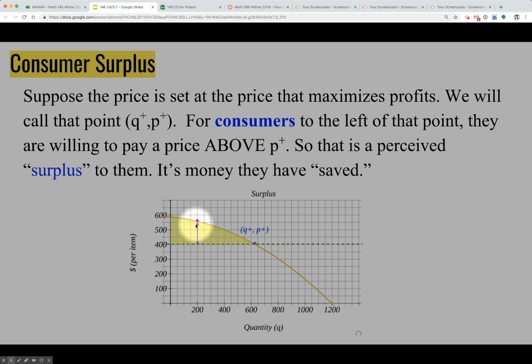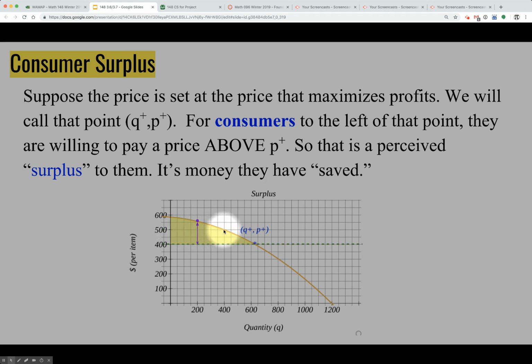Now, notice that all of these points on the demand curve up to this P plus, Q plus point, all of them represent another price above P plus that people are willing to pay. So for example, right here on the demand curve, you can see this corresponds to the point where the price is at $500.